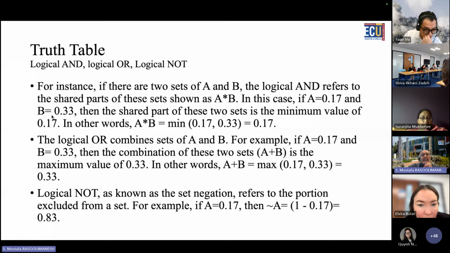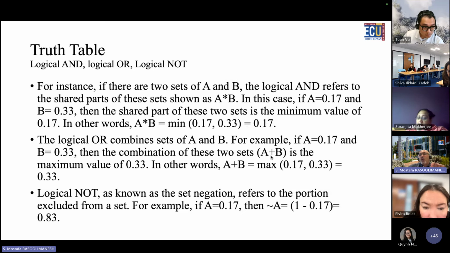The value of factor B is 0.33. So when we combine these two factors using logical AND, the result is the minimum of these two values. So the value for A and B will be 0.17.